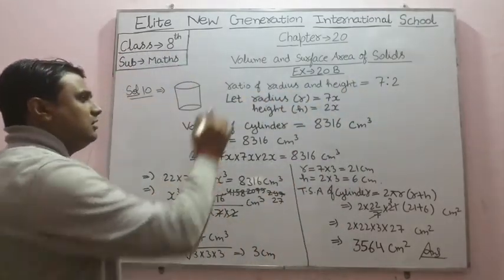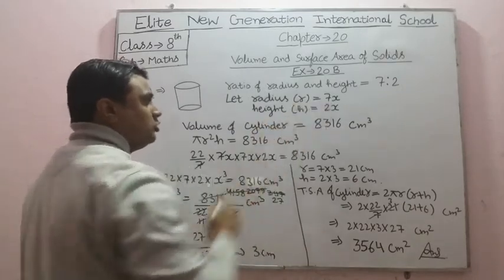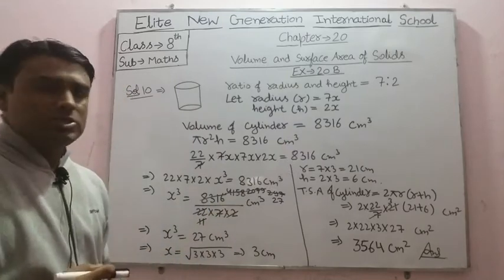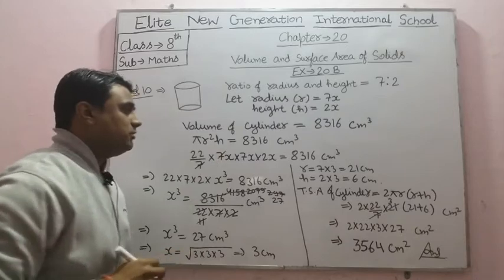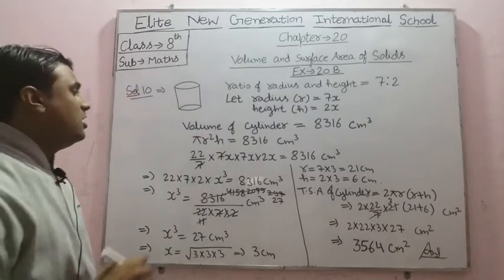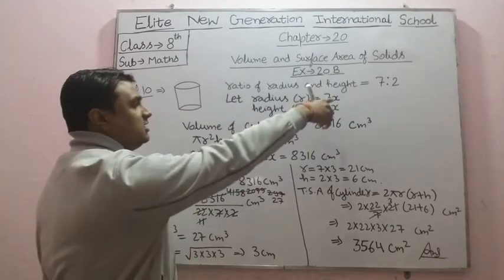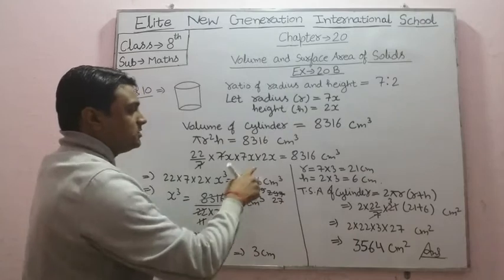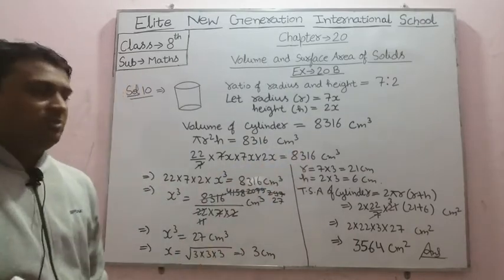So in this question we have a cylinder whose ratio of radius and height is 7:2. Now we can take the radius equal to 7x and height 2x. Now volume of cylinder is equal to 8316 centimeter cube, that is pi r square h equals 8316 centimeter cube. Now 22 upon 7 into 7x, here radius we have taken 7x, so 7x into 7x into height, which is 2x, equals 8316 centimeter cube.